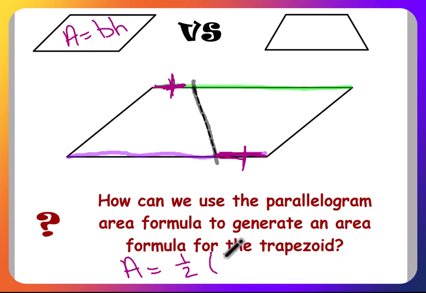So you're going to take base 1 plus base 2, and the height is going to be the same. It has to be that perpendicular distance from the highest point to the base. So there's our formula: Area equals 1/2 times base 1 plus base 2, times the height.